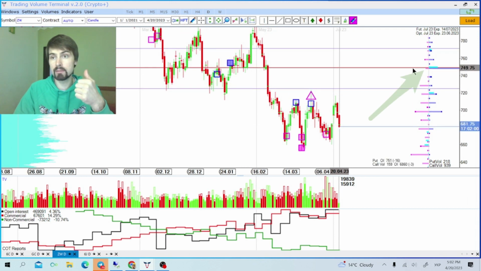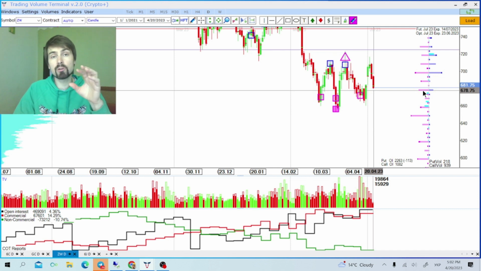Also this one, 750. Of course, big strikes are most often round numbers, but in any way, some round numbers have a lot of open interest in options, but some don't.